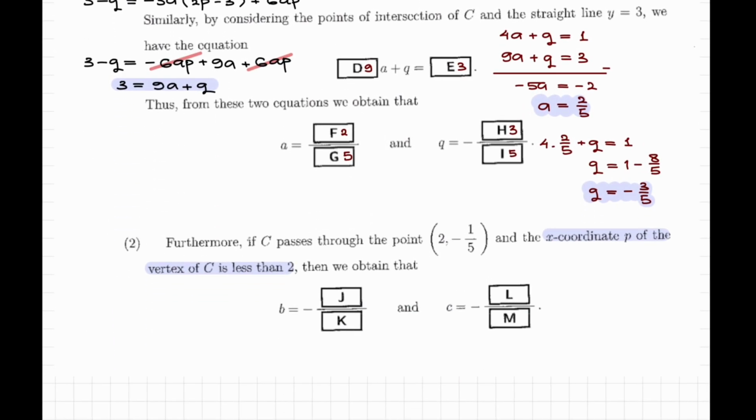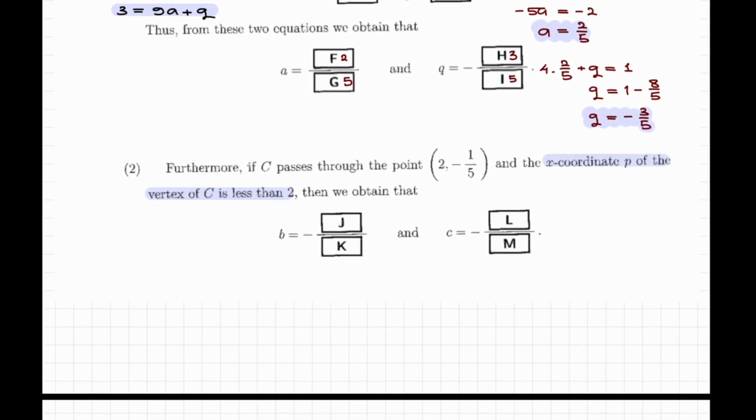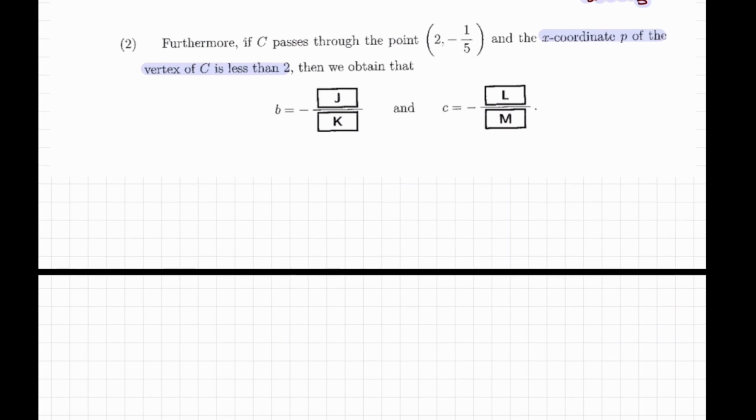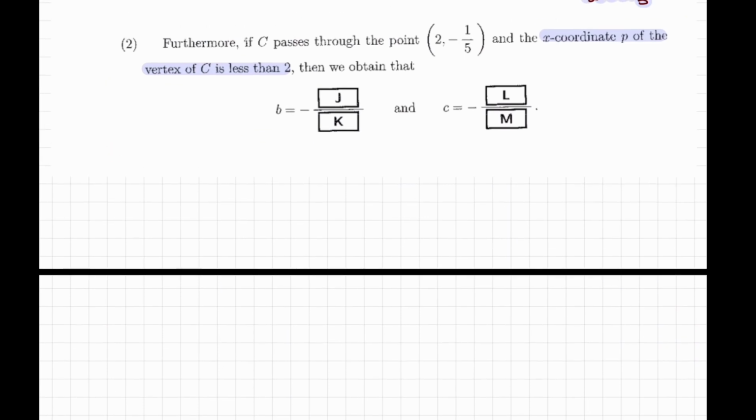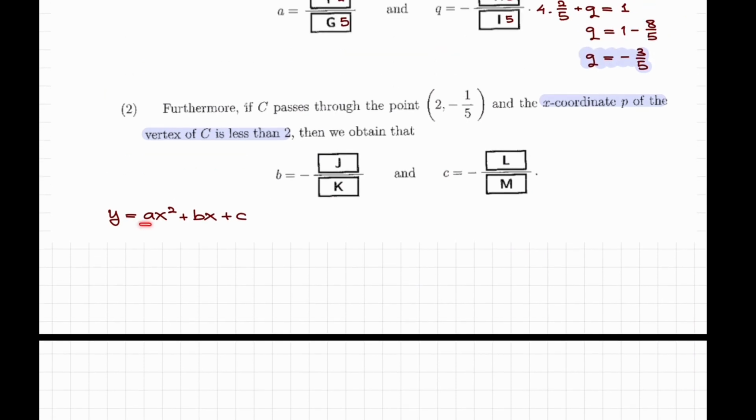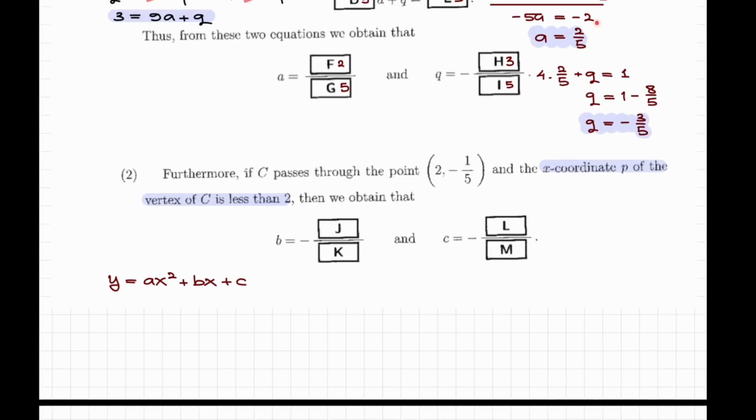Since I know that our graph passes through the point (2, -1/5), of course I can substitute this into our function. Our function is y equals ax squared plus bx plus c. Don't forget, you already know a is 2/5, yeah?